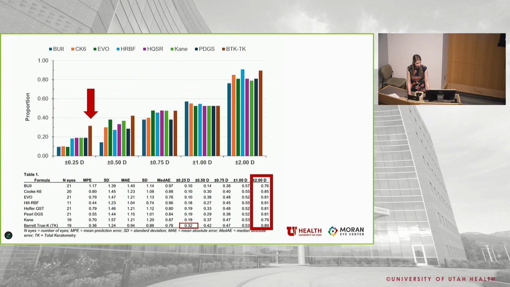And then, as you can see here, we went up to plus or minus 2 diopters, and none of the formulas actually even got us reliably within 2 diopters. I mean, they were pretty close. There were a couple in the 0.8s, 0.9s, but still interesting to note that we can't even promise plus or minus 2 diopters.